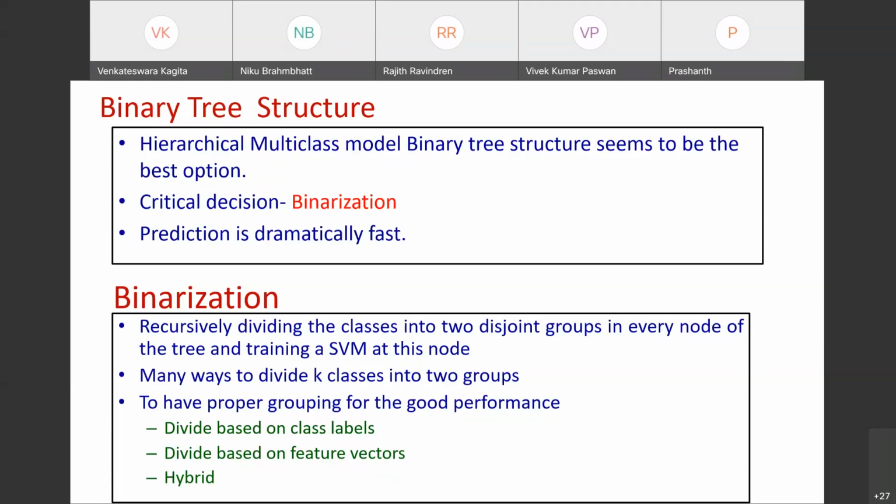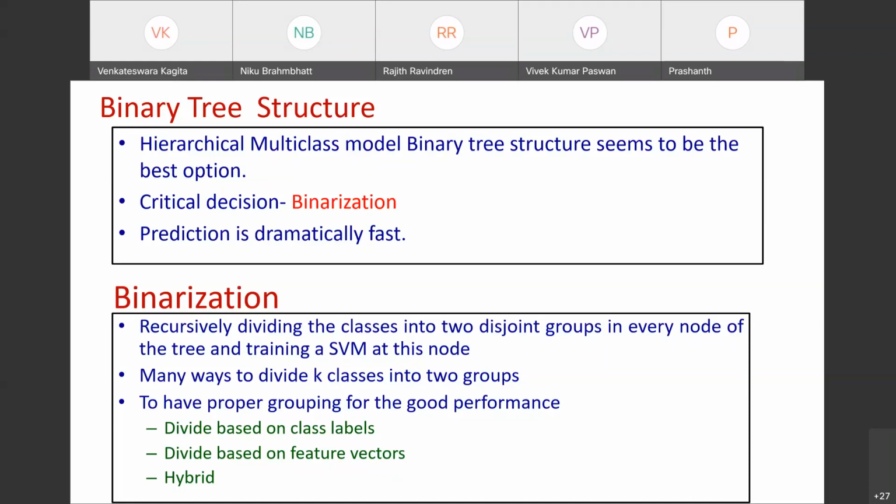So we can divide these K classes into two groups in many ways. These are some of the popular grouping techniques. Divide based on the class labels, divide based on the feature vectors, or a hybrid method where it uses both class labels and feature vectors. The idea is the intra-cluster distance should be minimized and inter-cluster distance should be maximized when you're grouping them.